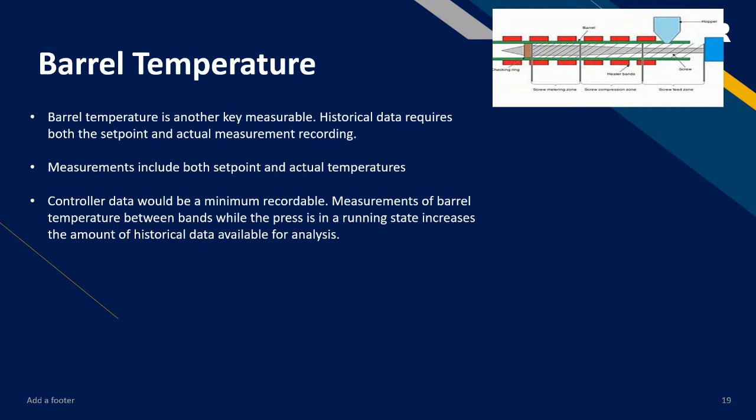That way, if later on something changes, you know what is a normal condition, that there's a variance between those two within that zone. Now, controller data would be a minimum recordable. Measurements of barrel temperature between the bands while the press is in a running state with a temperature probe increases the amount of historical data available for analysis.